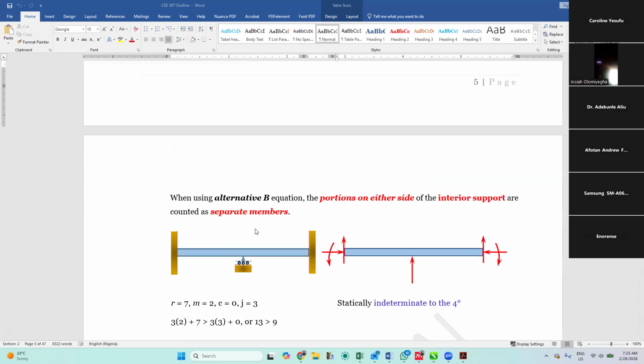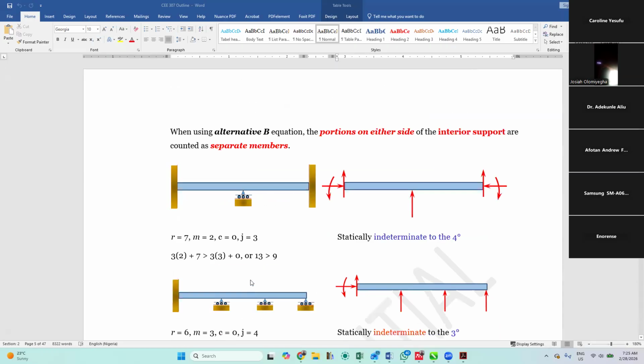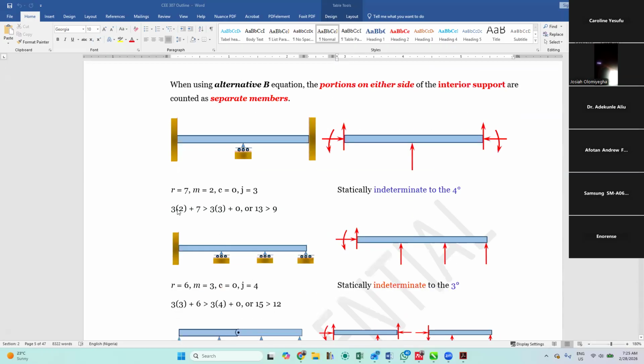Plus c, our c is 0. So by the time you do this calculation together, we have 13 to be greater than 9. What it means is that it is indeterminate, but to what degree? The difference between the two of them is 4. So that means it is indeterminate to the 4th degree.